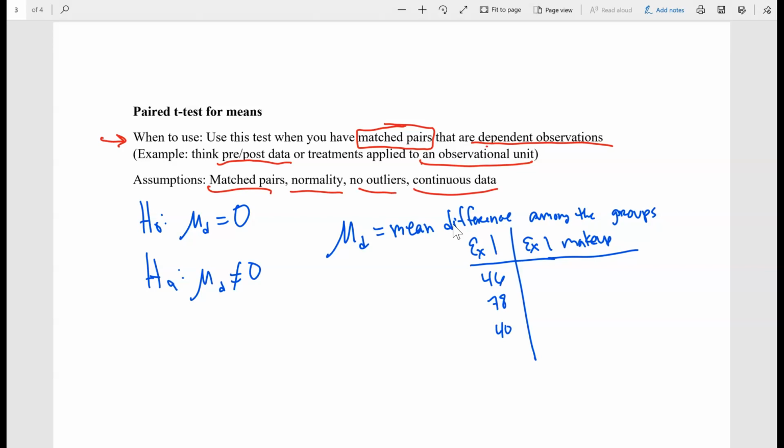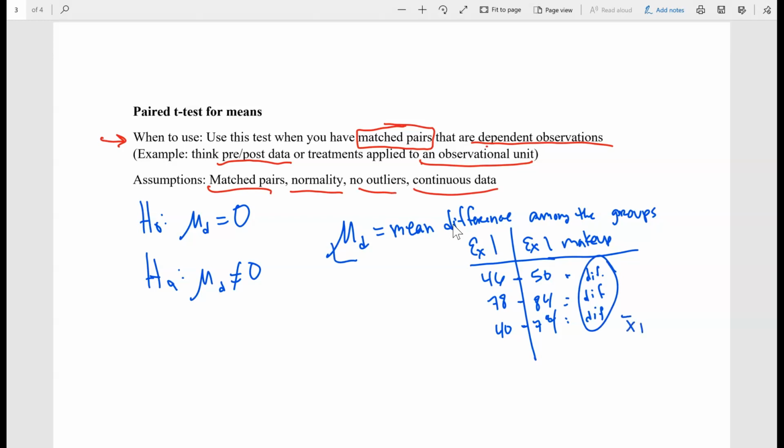And then they did the makeup and they got like a 50, 84, 74. So basically what you're doing is subtracting these to get the differences. You're going to get your first difference, another difference, and another difference. You add them up, divide by 3, and you get your mean difference, which is x bar d.